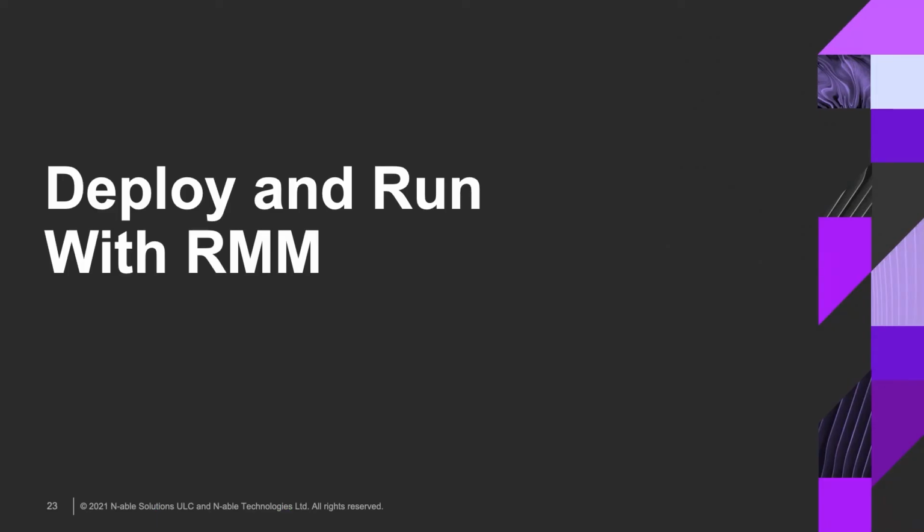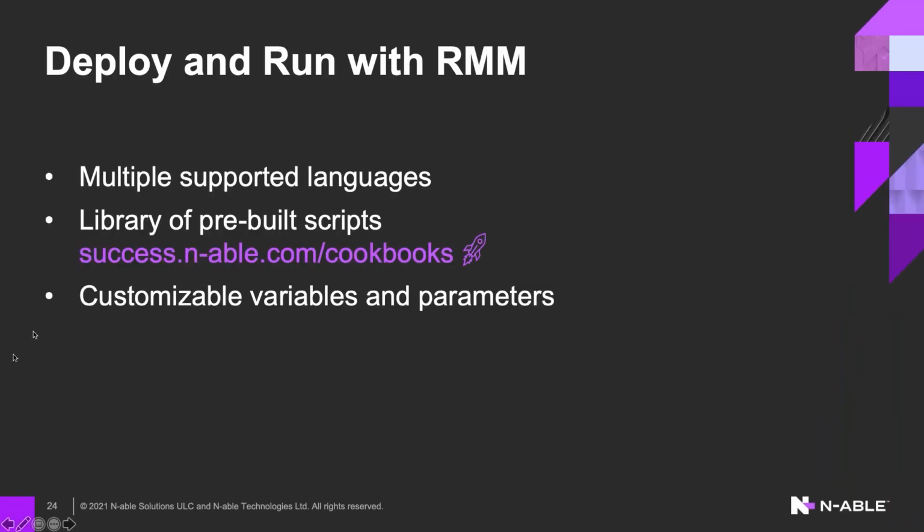The next thing that we're going to do is take a look at actually deploying and running these scripts through RMM on the machines that you are managing. And so as we said before, all of this will support multiple scripting languages, Python, PowerShell, in addition to Bash. There is a library of scripts and automation policies for you to check out on success.enable.com, and that's the automation cookbook at this link.